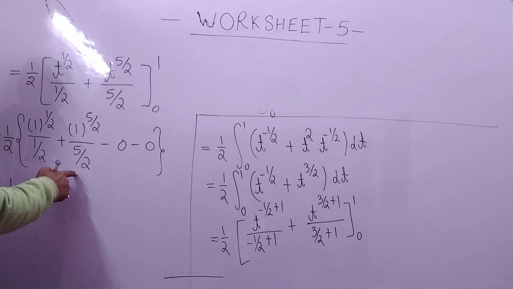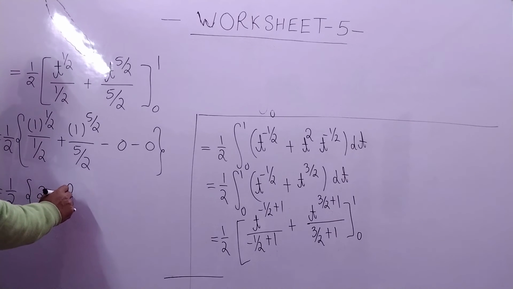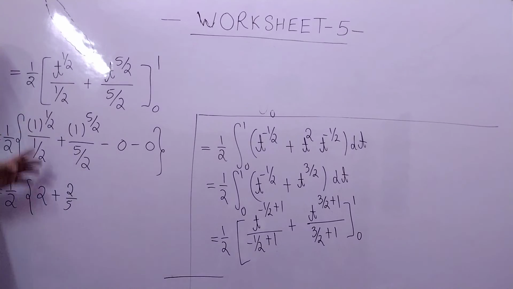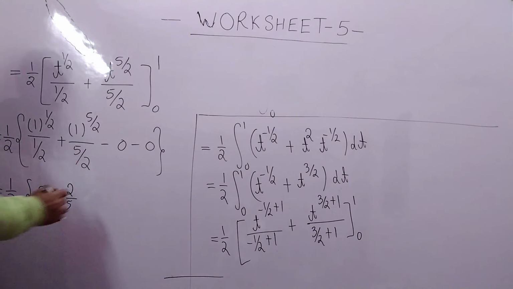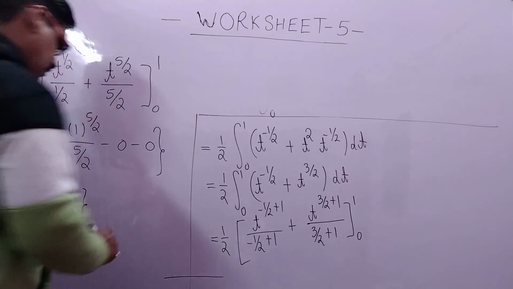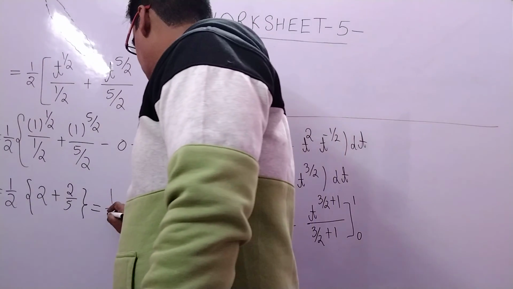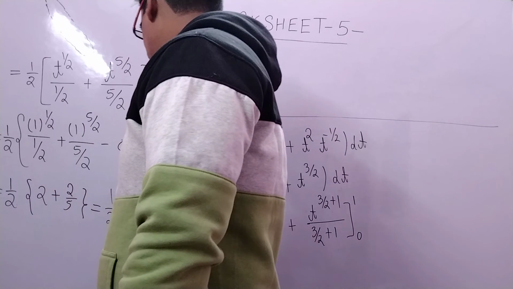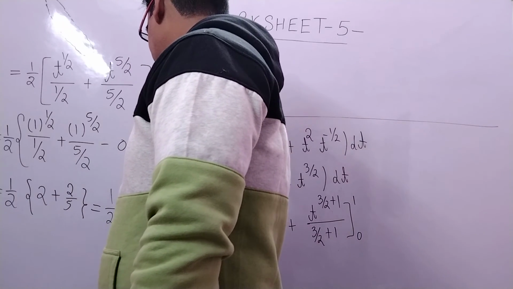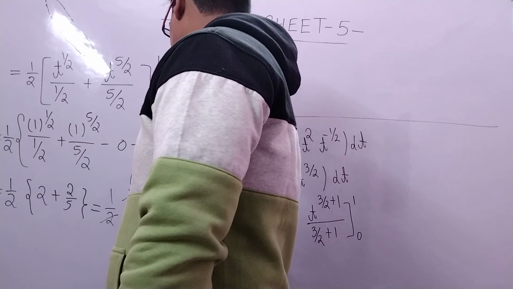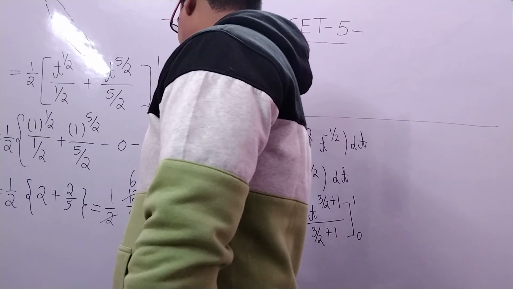So it becomes 2 plus 2 by 5. 1 to power 1 by 2 is 1, 1 to power 5 by 2 is 1. Now we solve it. 10 plus 2 is 12 by 5. So our answer is 6 by 5.